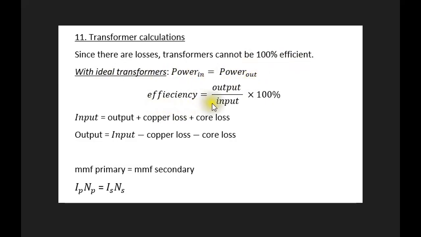Efficiency is equal to the output power over the input power times 100%. The input power is going to be the output power plus copper losses plus core losses, noticing that your output must be a smaller number than your input.